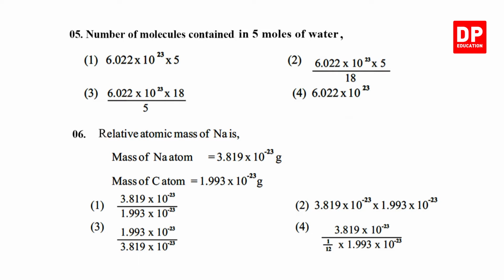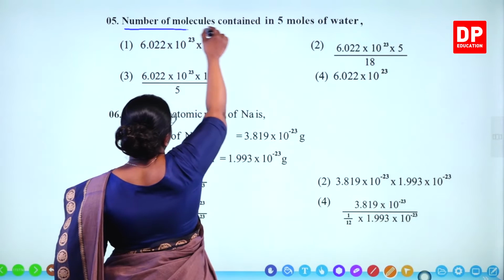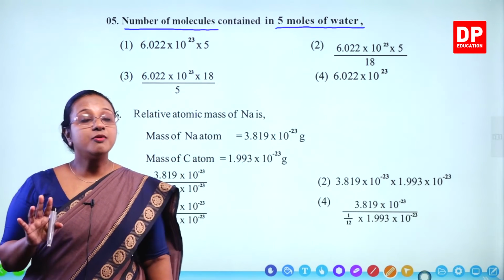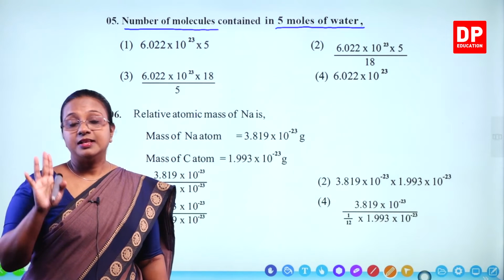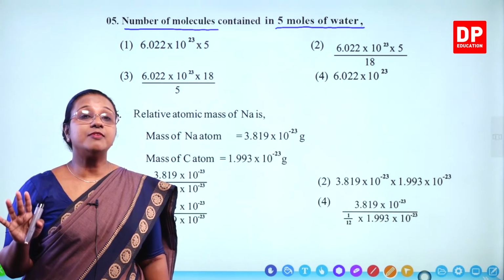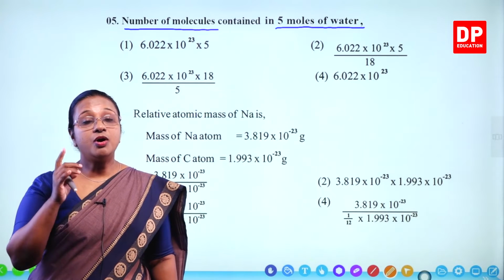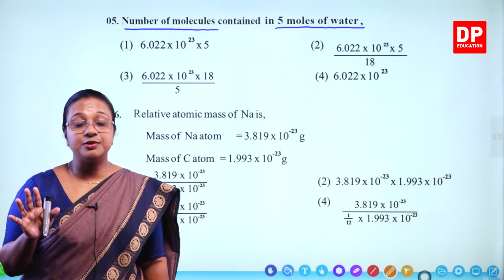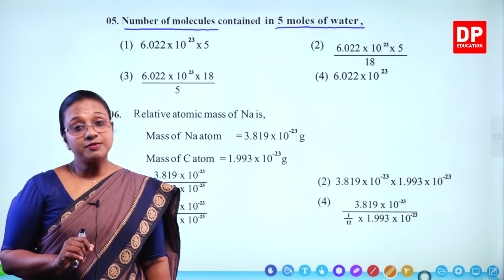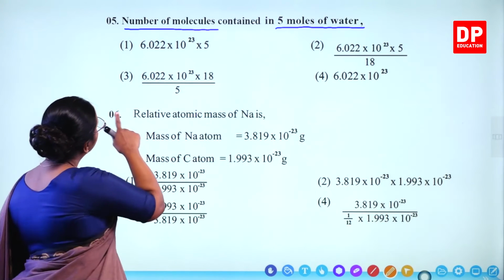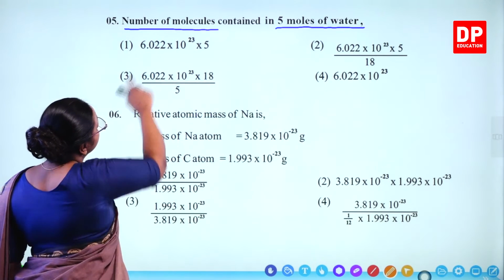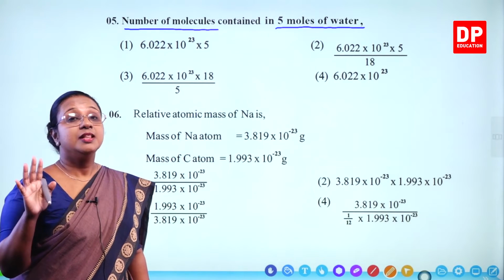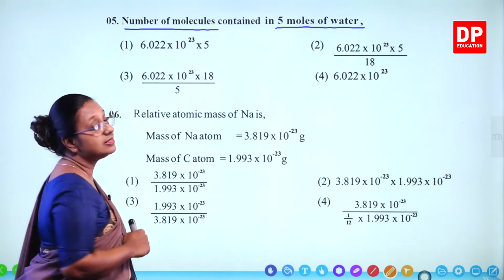Number of molecules contained in 5 moles of water. How do you find that? The number of moles into Avogadro constant. Why? Always there is Avogadro constant number of atoms or molecules in 1 mole of substance. So here if you look at the answer, 6.022 into 10 to the power of 23, that is Avogadro constant. That into 5, that is number of moles.